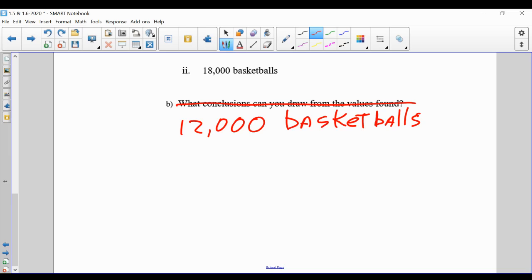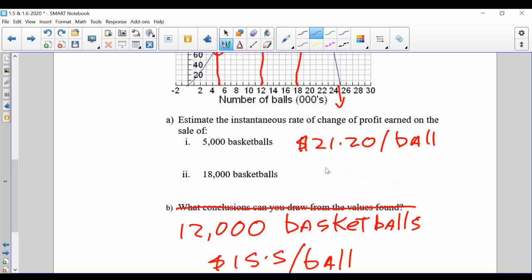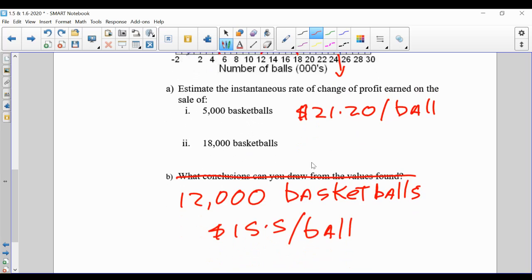My answer was 15.5. And remember, this is dollars per ball. Let's talk about that. When I asked earlier what you would expect when you compare that to the 5,000 balls, some people said it's going to be higher, some said lower.